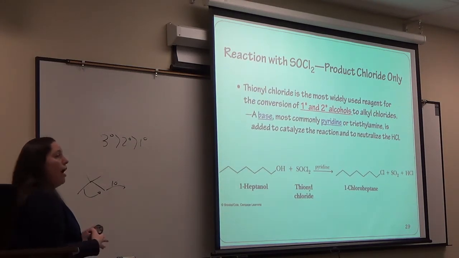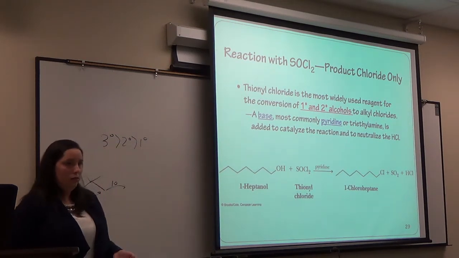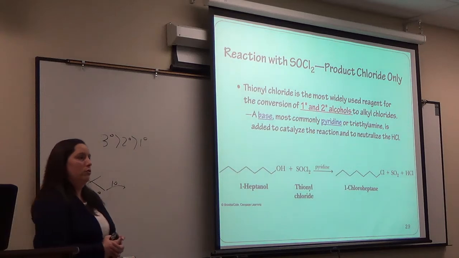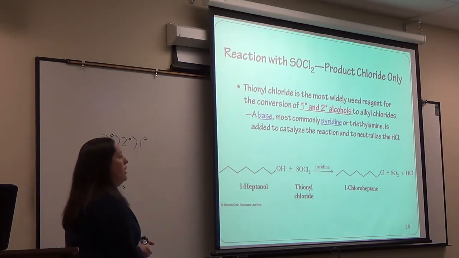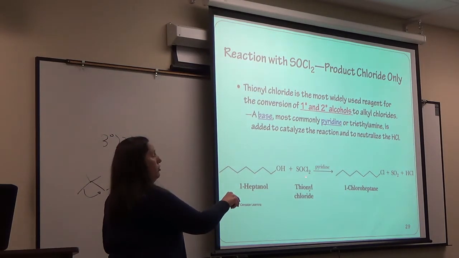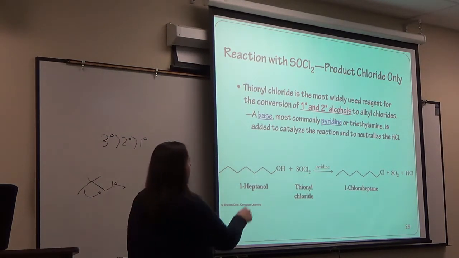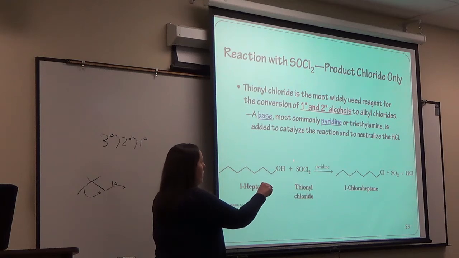Now what about chlorides? In contrast to using HCl, which was the HX mechanism we covered previously, you can use another reagent also, which is known as thionyl chloride, SOCl2. And again, primary and secondary would be useful here. This is going to require a base, though.